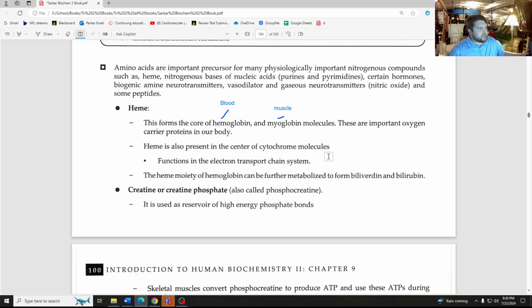Heme is also present in the center of cytochrome molecules that function in the electron transport chain system. Remember the cytochromes in the electron transport chain.